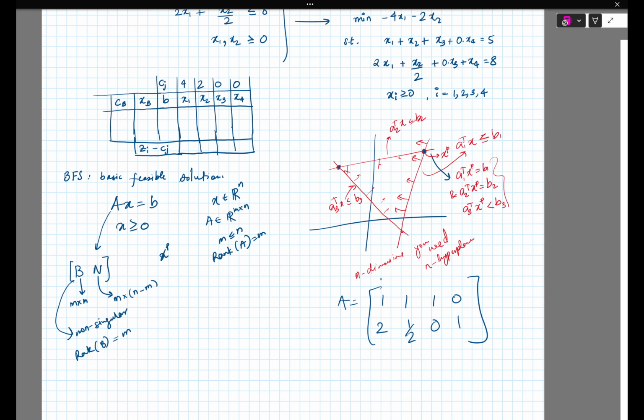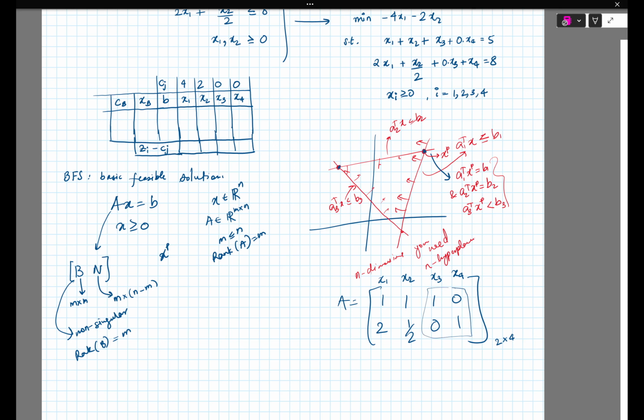So this corresponds to your variables, right? x1, x2, x3, x4. And if I'm splitting this A into two matrices B and N, where one is non-singular and it is m cross m, so here it is 2 cross 4, right? So I need a 2 cross 2 matrix which is non-singular, and you can clearly see this identity matrix is there which is non-singular.